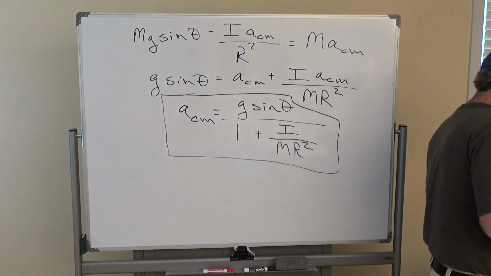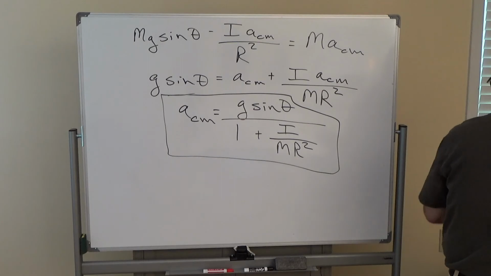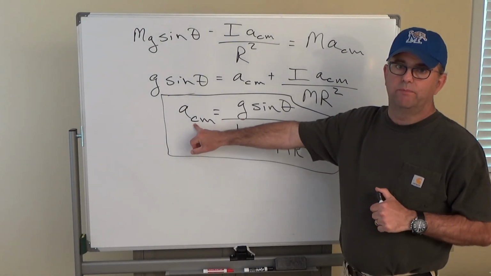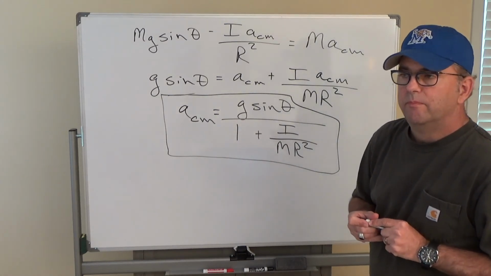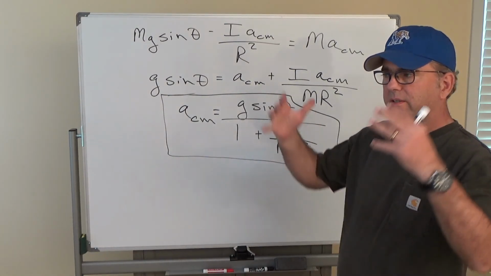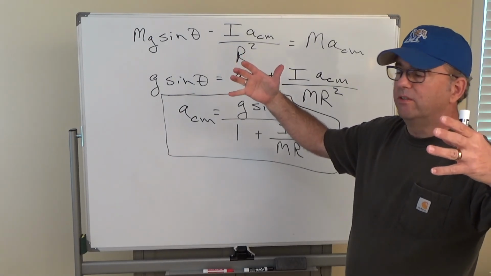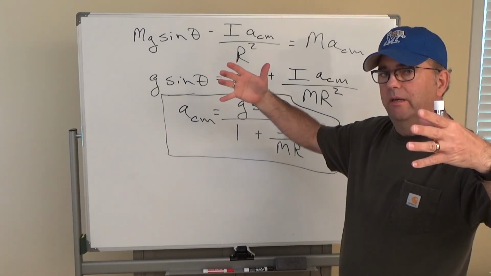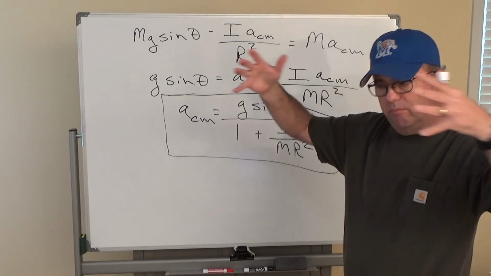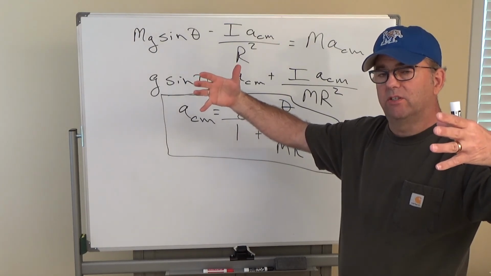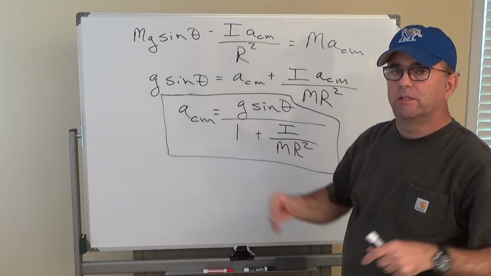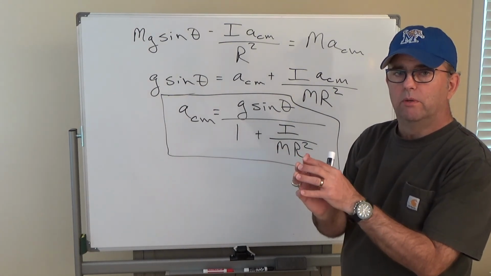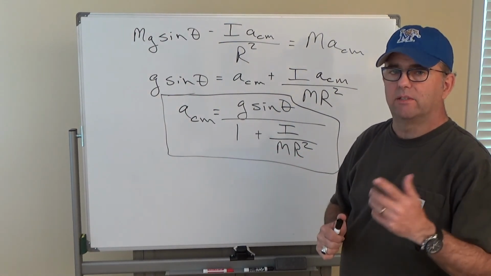So the larger the moment of inertia, the smaller the acceleration. And you've seen this in action. It's independent of the mass and independent of the radius, but if you have something that has the mass far away from the axis of rotation, it's much harder to get it spinning than something that has the mass very close to the axis of rotation.